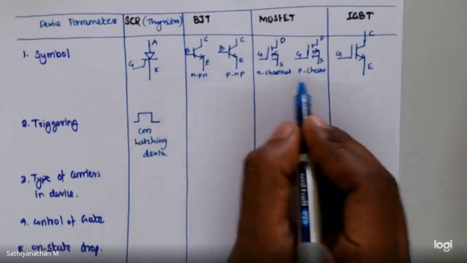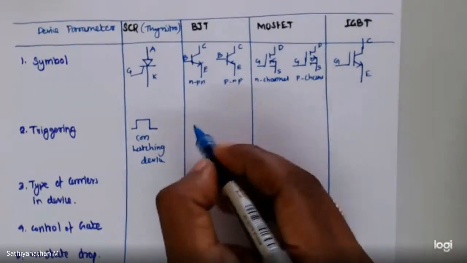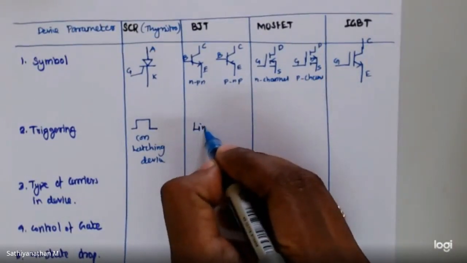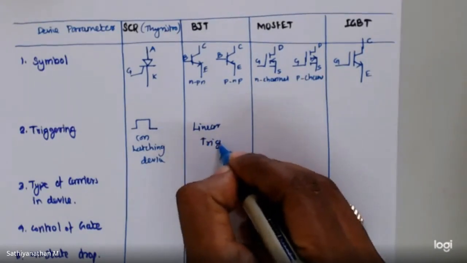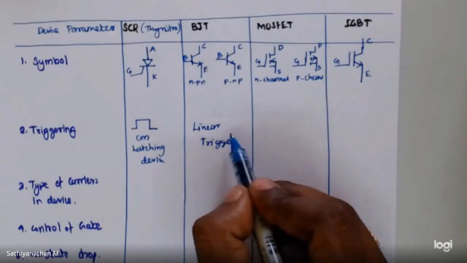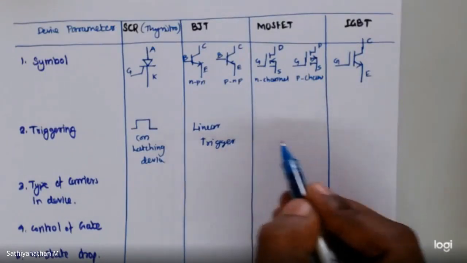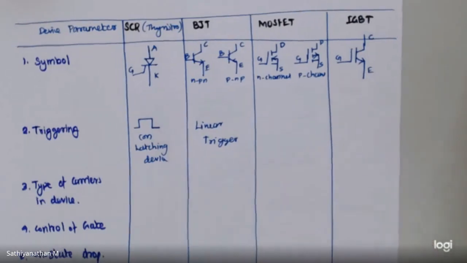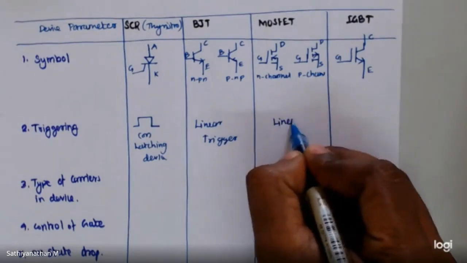And these three devices, BJT, MOSFET, and IGBT, come under linear triggering. So we have to follow a pattern to trigger the device. So we can use linear triggering. So we have to fix the gate current or gate voltage. Okay, so these three come under linear triggering.